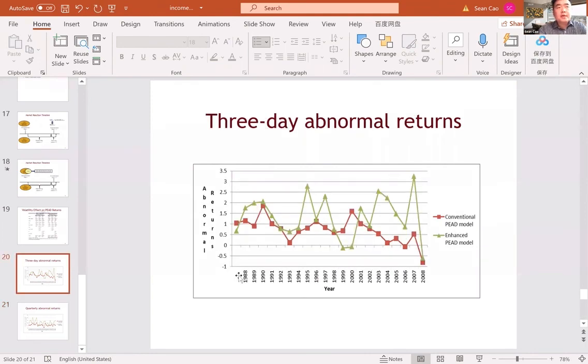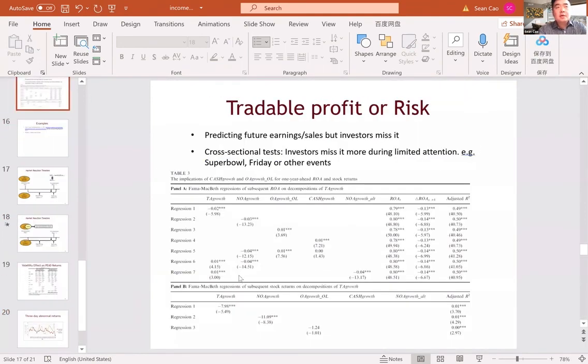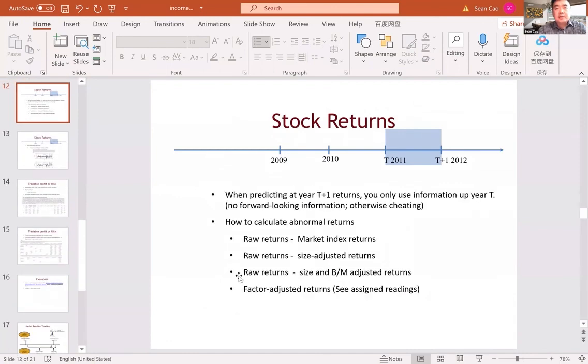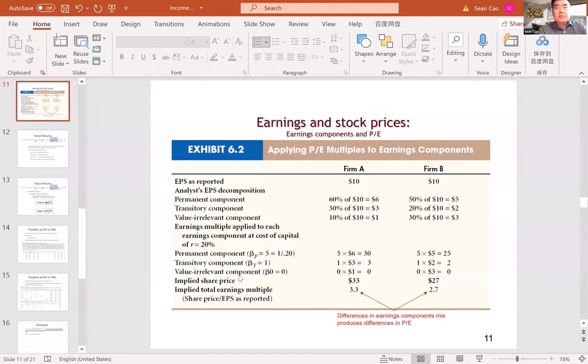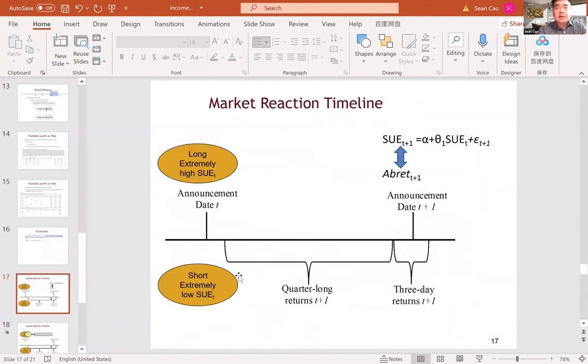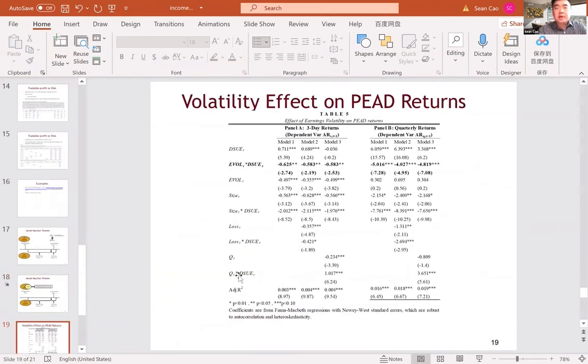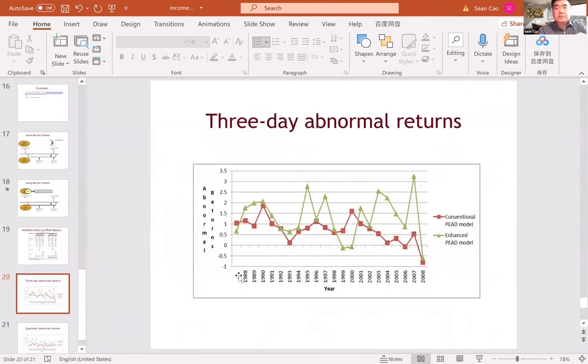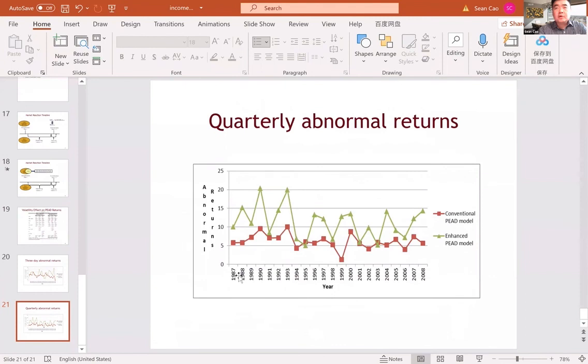We talked about different ways, how to do the testing and how to adjust returns. We also explained the idea, the timeline, and the transaction cost, and you can understand the regressions and the profit, the green line and the red line. This is just one example of how you can use the income statement to help investors.